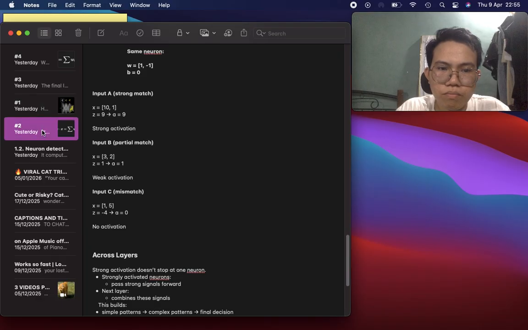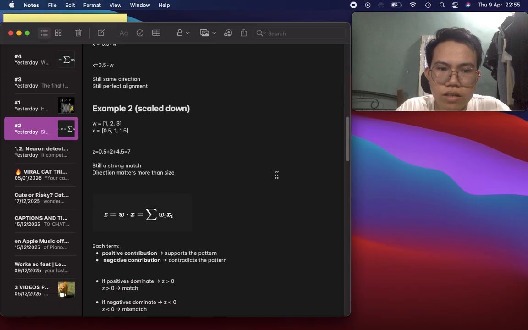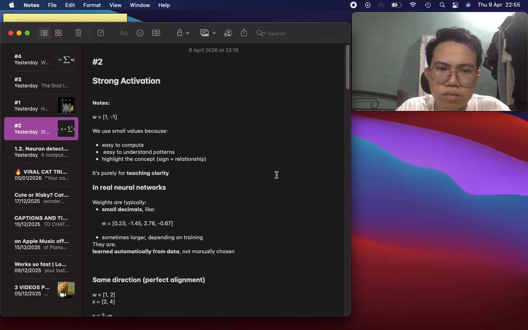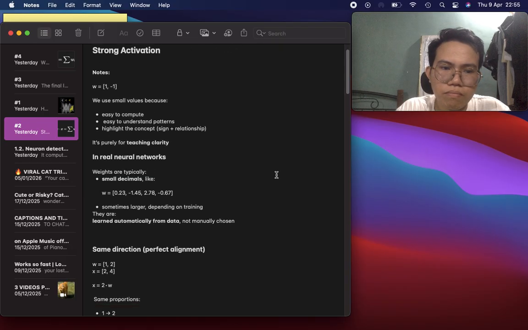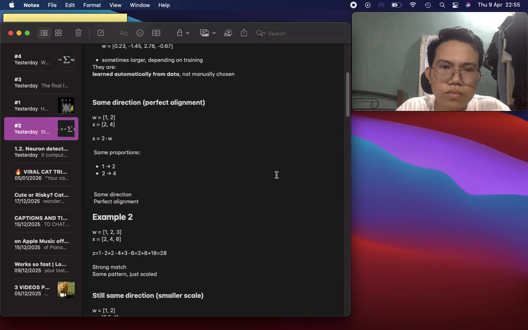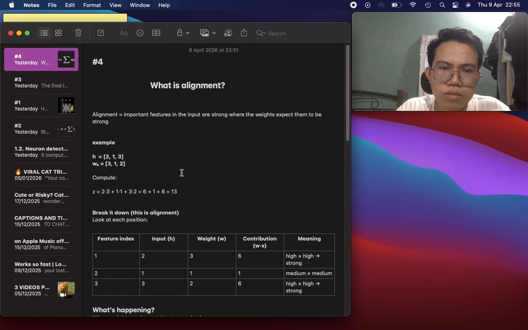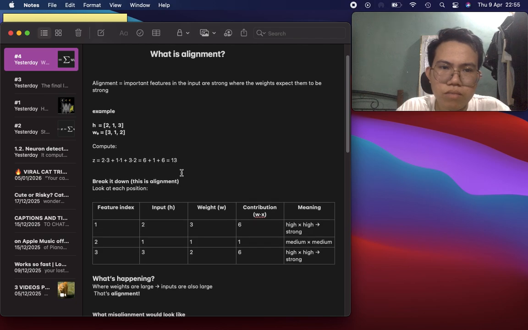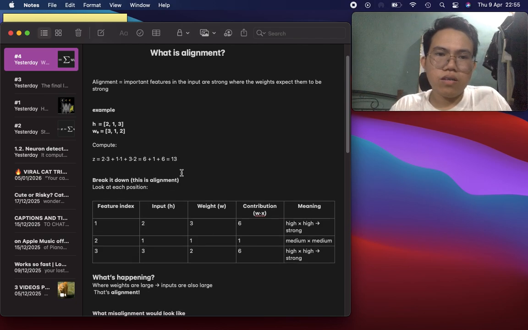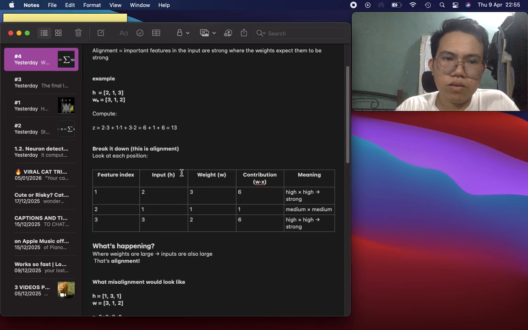So let's talk about the strong activation further, the perfect alignment. What is alignment? Alignment is when important features in the input are strong where the weights expect them to be strong.